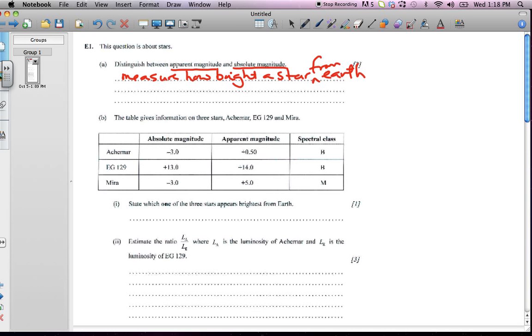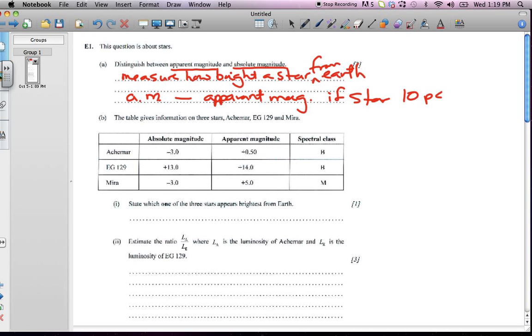So the absolute magnitude, I'll just put AM for absolute magnitude, is what the apparent magnitude of the star would be if the star is 10 parsecs away from the Earth.